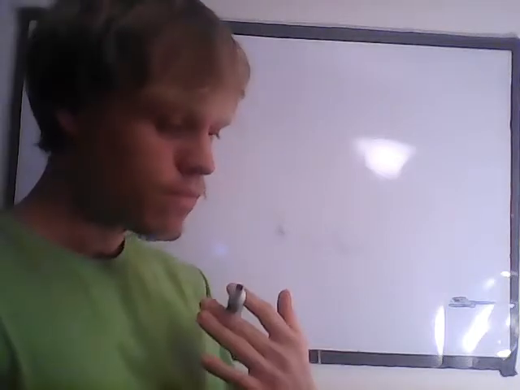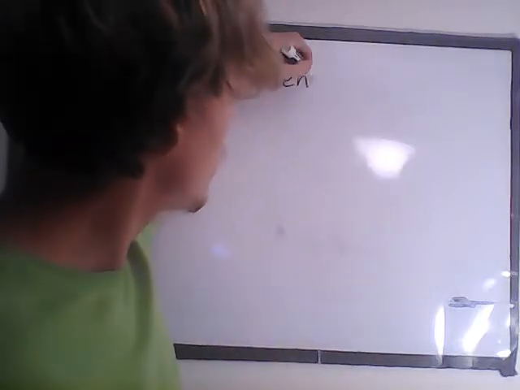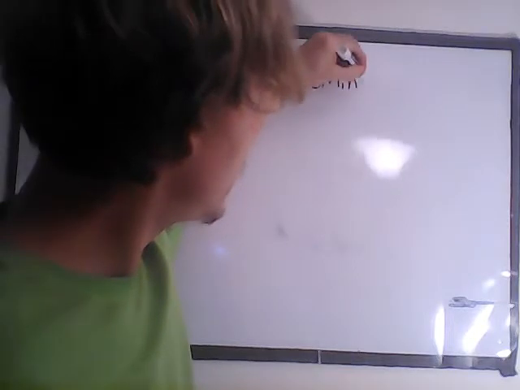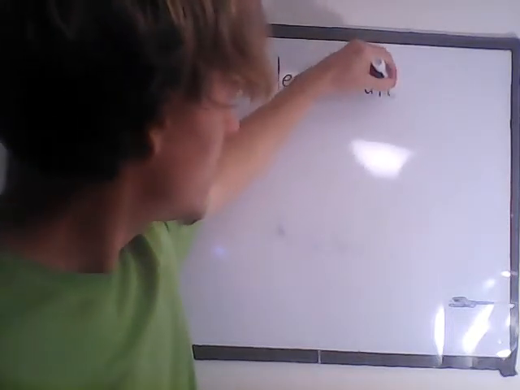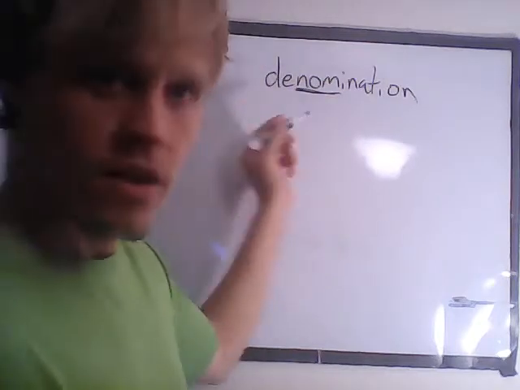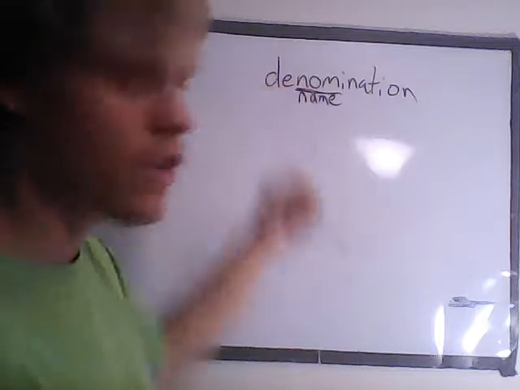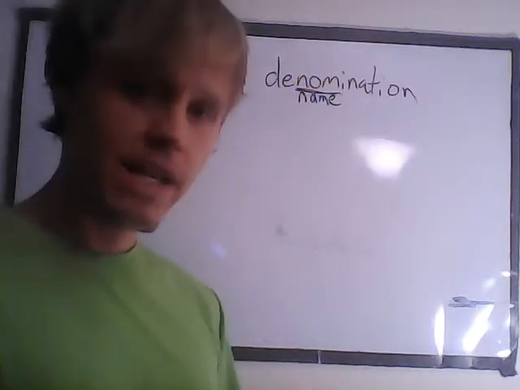Okay. Another way of looking at a definition or a meaning or what words signify is you could say denomination. Denomination. Now, if you look up that nome right there, that means name, as in nomenclature or a pseudonym.